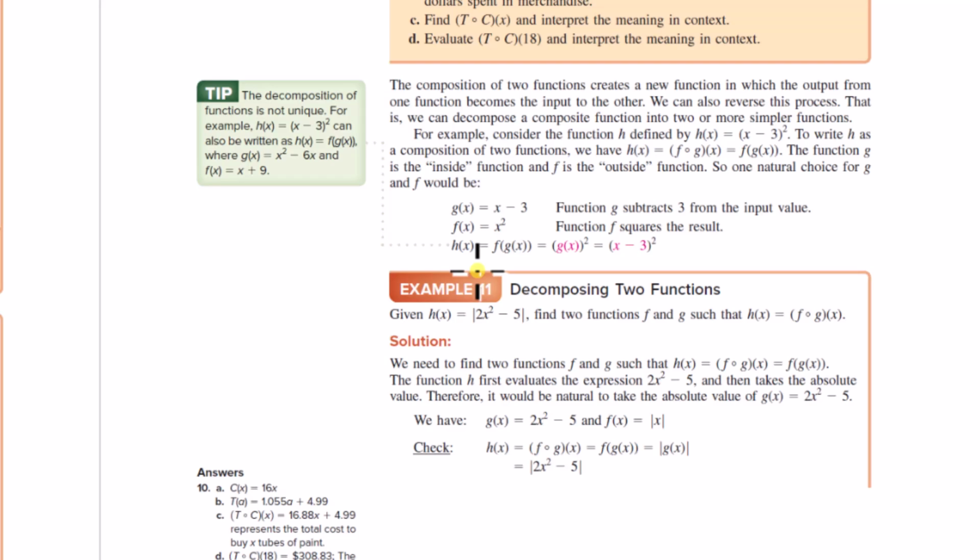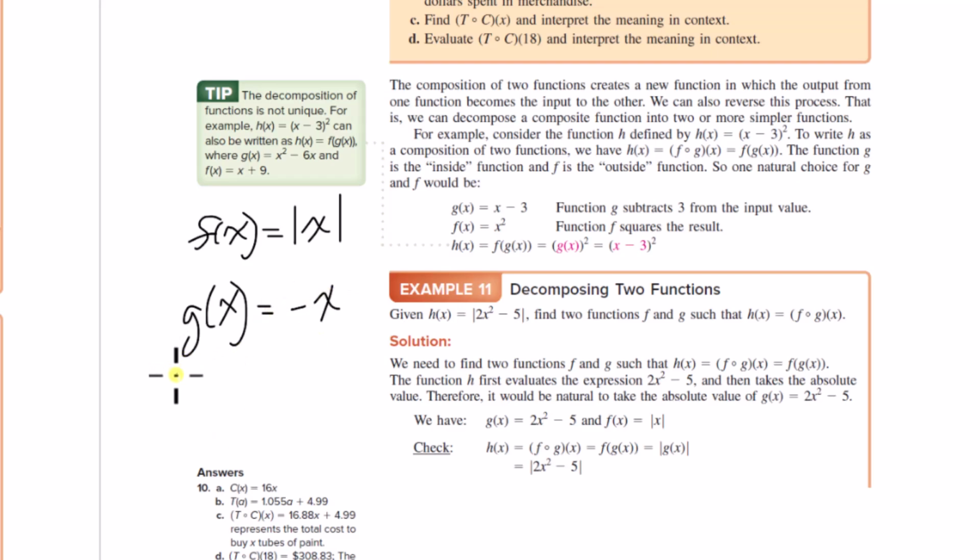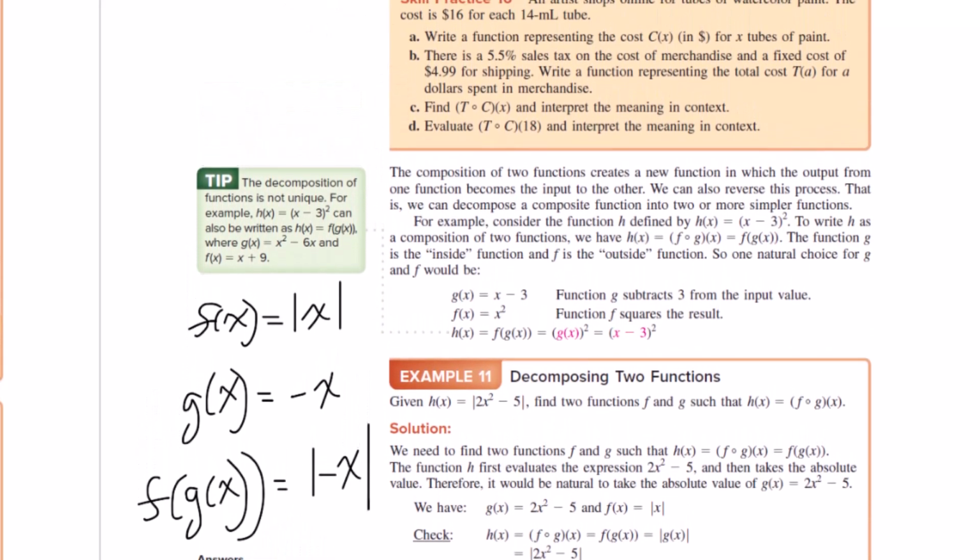The inner function is going to be whatever's the transformed part, like x minus 3 or minus x, right? If you had f of x is equal to the absolute value of x, g of x is equal to minus x, then f of g of x is equal to what? See?